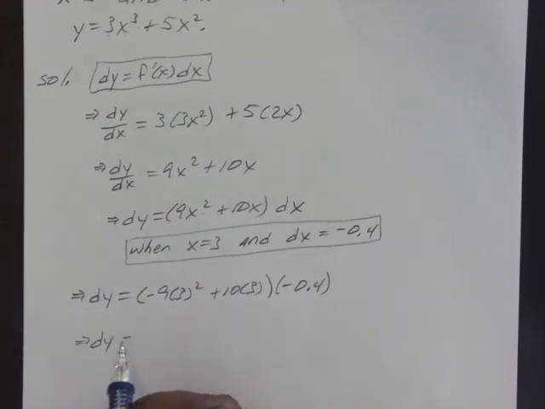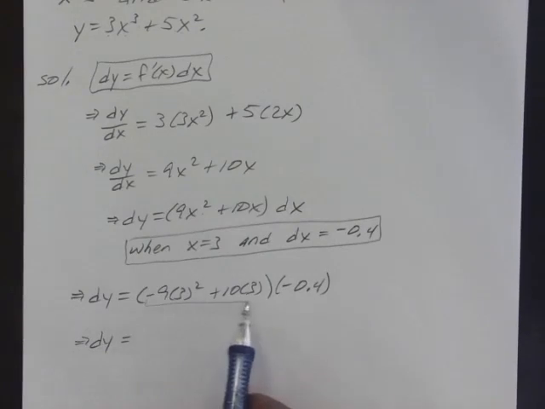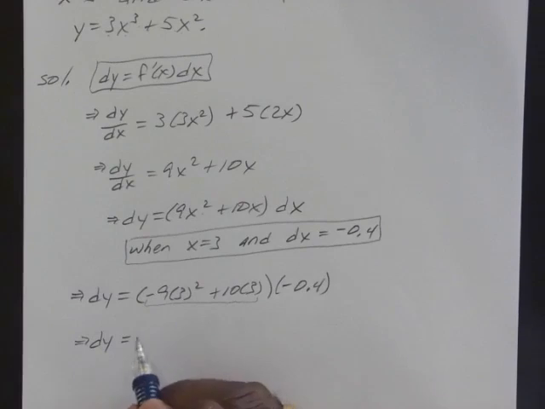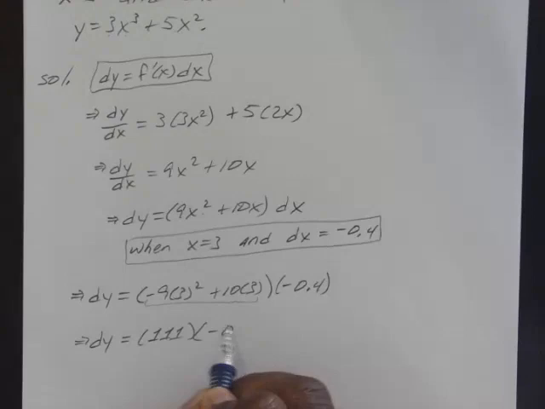Now our dy is equal to everything in here comes up to 111. So we have 111 times negative 0.4.